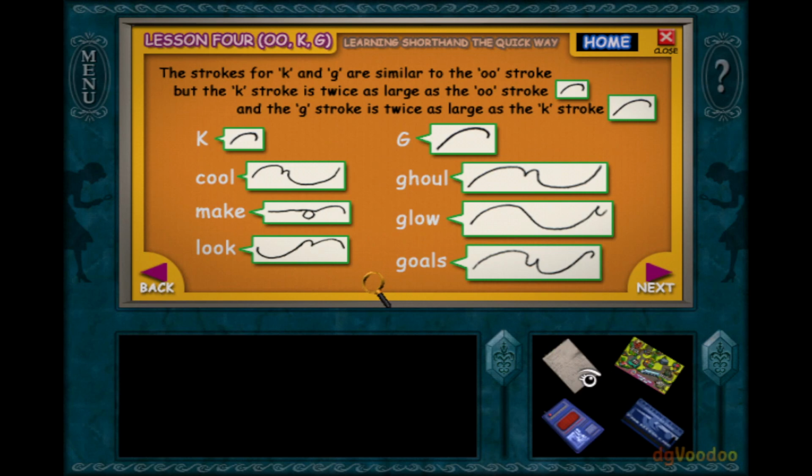The strokes for K and G are similar to the U stroke, but the K stroke is twice as large as the U stroke, so it's broader, and the G stroke is twice as large as the K stroke. Okay, so there's K and there's G.